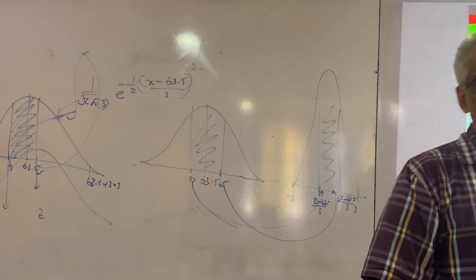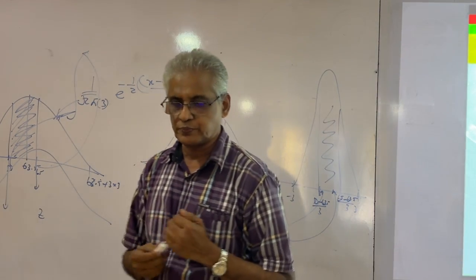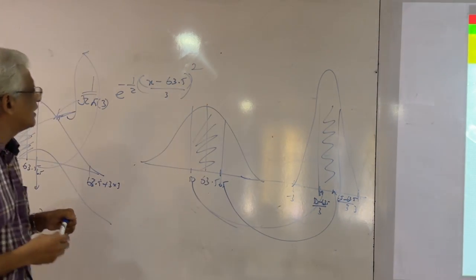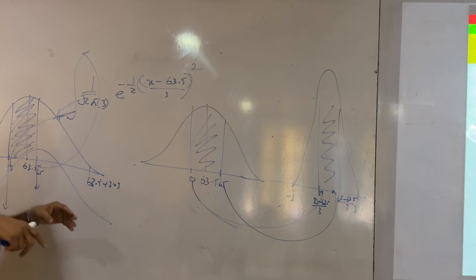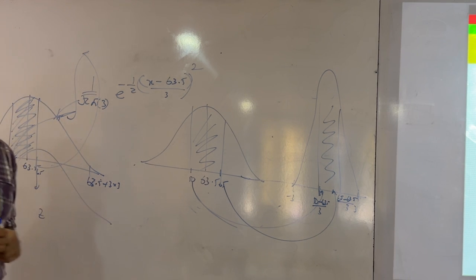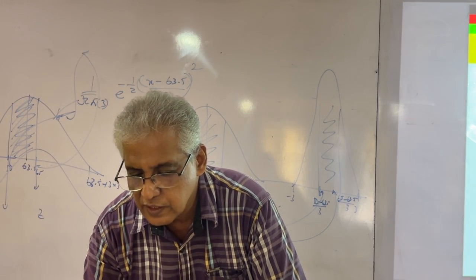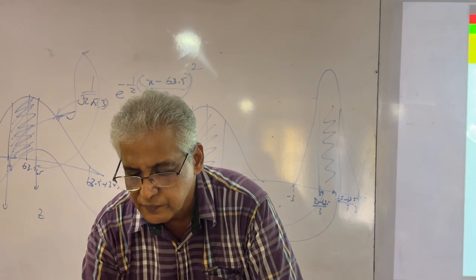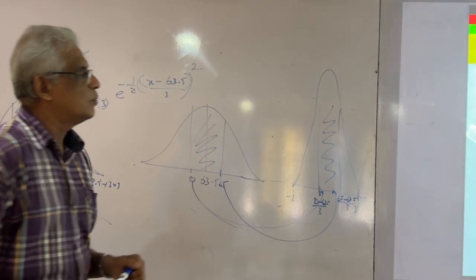We can get these areas from those tables. Whenever we want to find some area of some normal distribution, we use the standard normal table, as we call it. So let's look at that as an example here. This is what the standard normal table looks like.